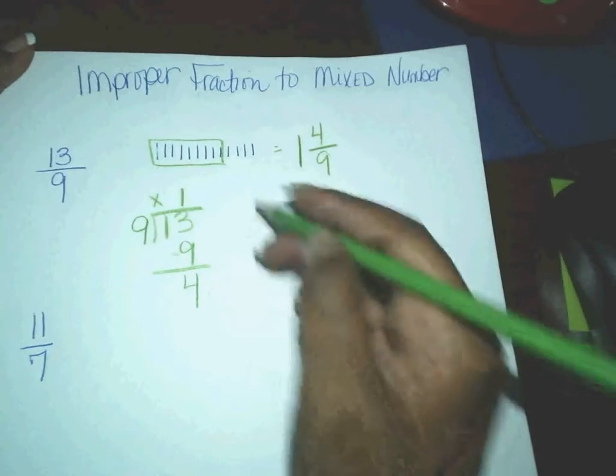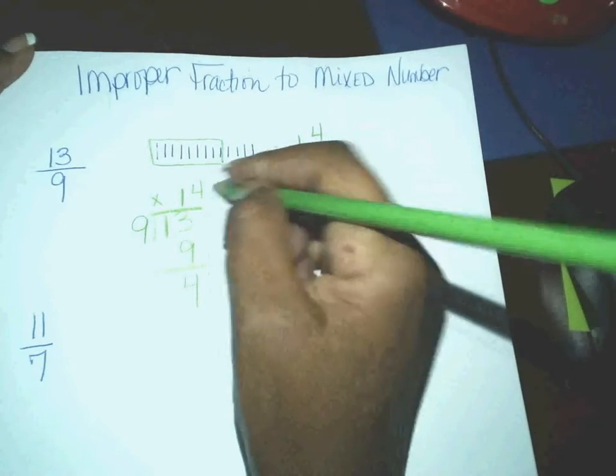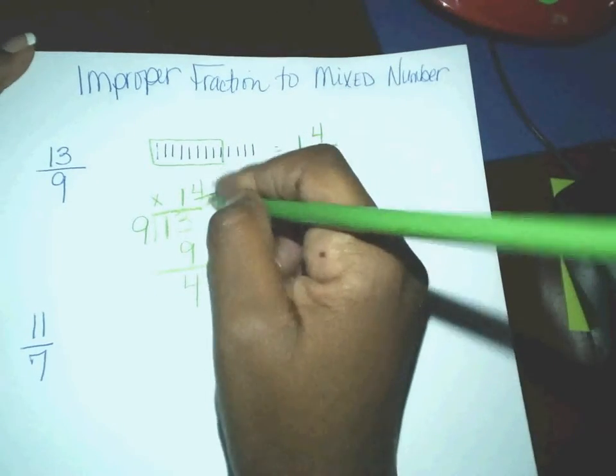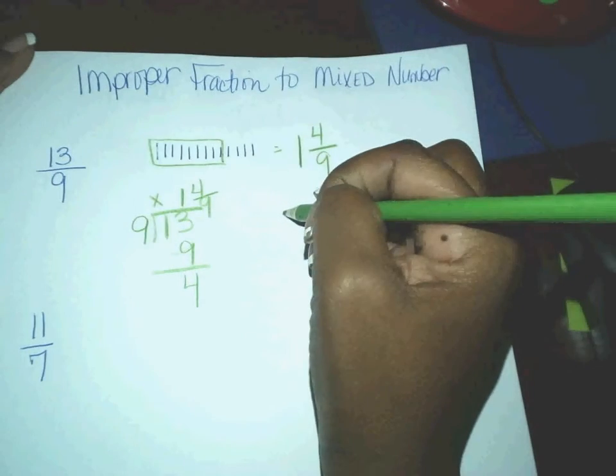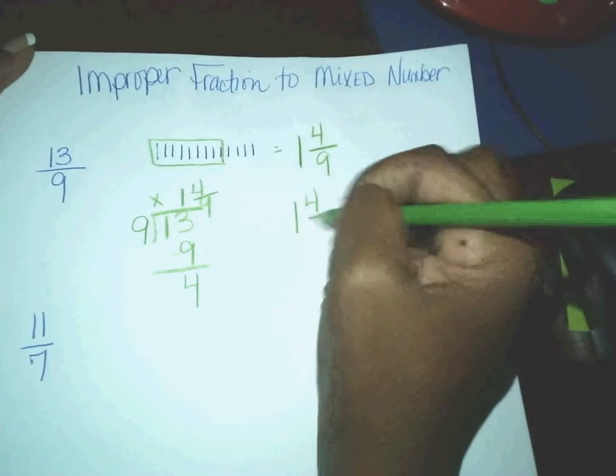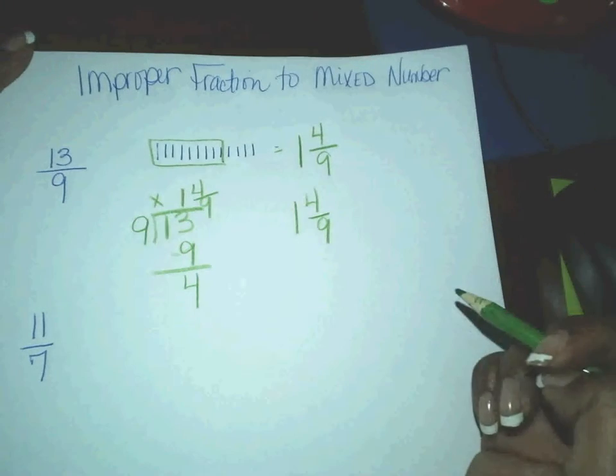Your remainder is 4. So we're going to put 4 here as the remainder, and your denominator is 9. Okay? So either way, you would still get 1 and 4 ninths.